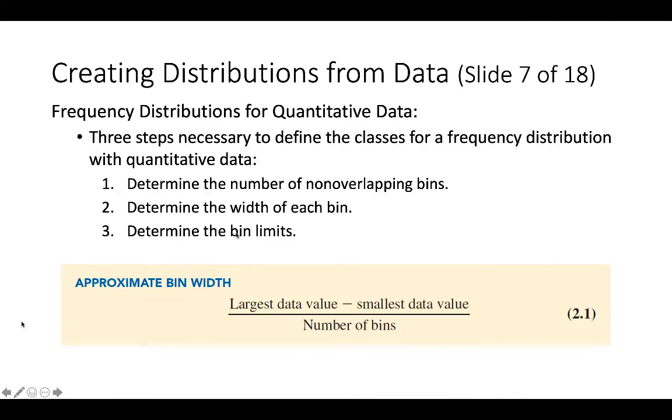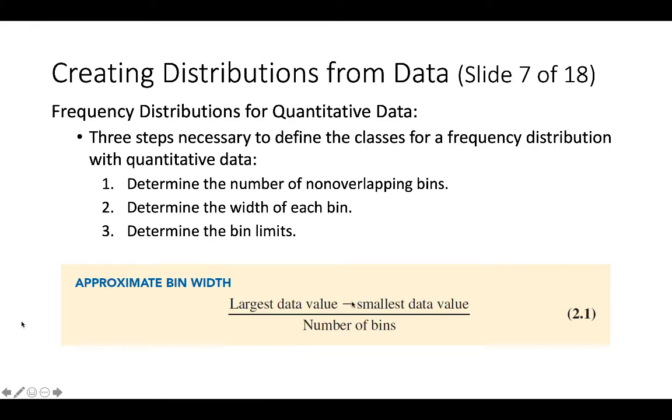We can also use frequency distribution to analyze quantitative data. There are 3 steps needed. First, determine the number of non-overlapping bins. You can choose the number of bins. Then you want to determine the width of each bin.